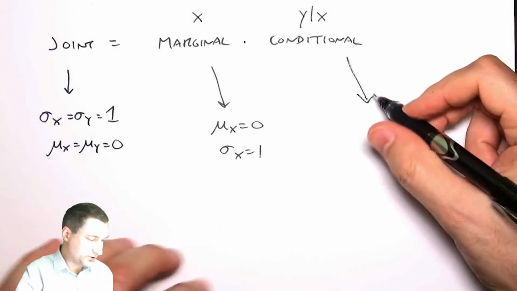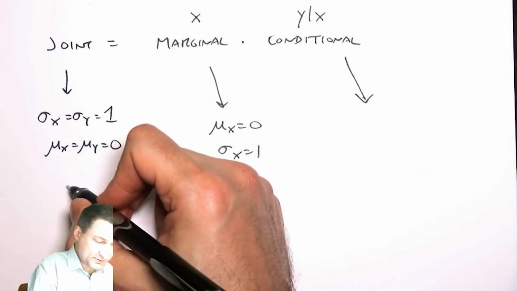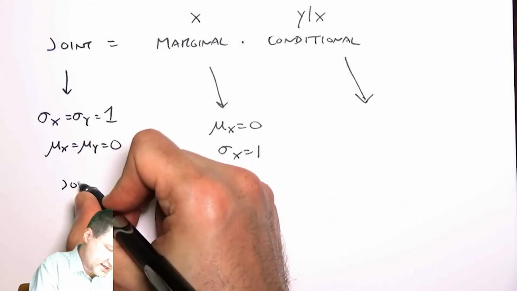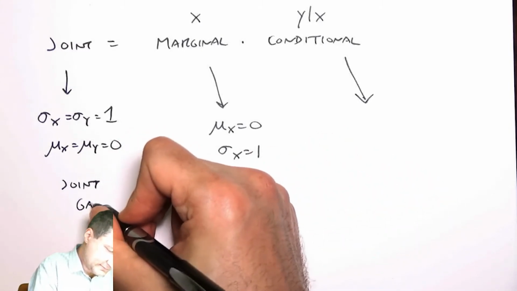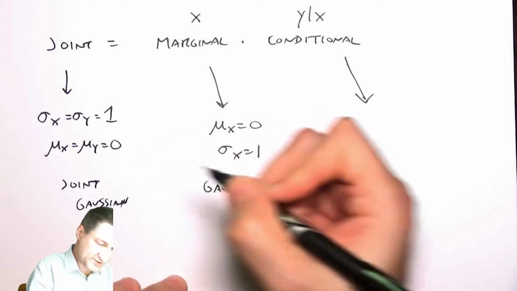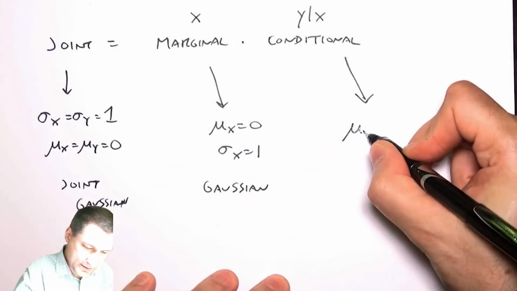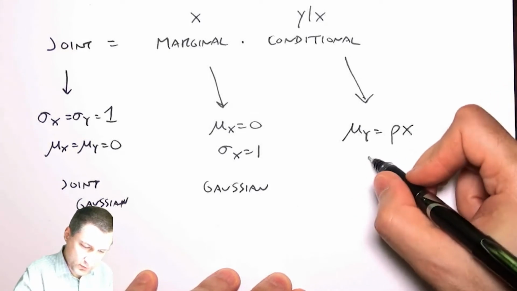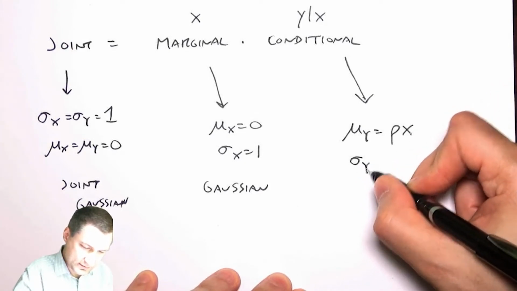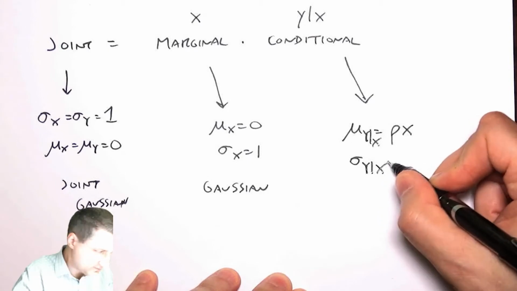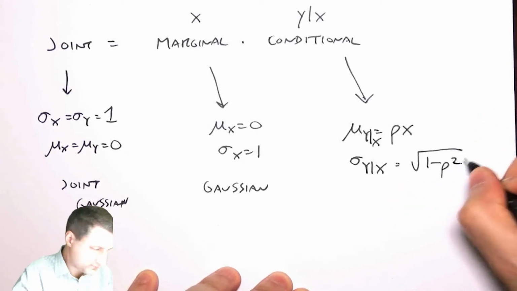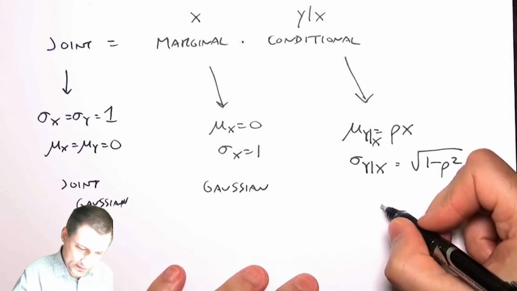And I found the conditional was, and everything was Gaussian, right? This is the nice thing about Gaussians, that when I take marginals and so on, everything is still Gaussian. So I found out here that this guy had mean rho X and had variance square root of 1 minus rho squared. Okay?